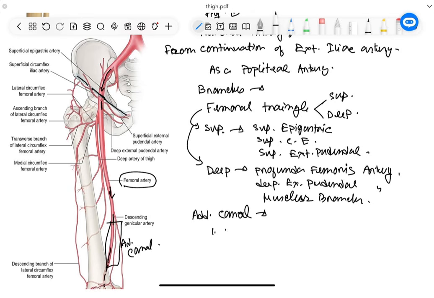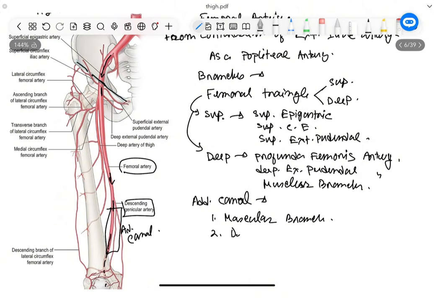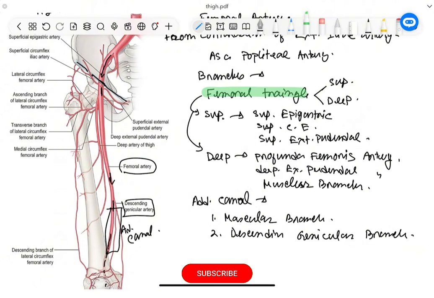So there are only two branches: one is the muscular branch, another one is the descending genicular branch. So on the femoral triangle what are the branches, and on the adductor canal what are the branches, the examiner can ask you. There is also some clinical information related to the femoral artery in the femoral triangle, which I described elaborately. Please check that video to get the clinical information related to the femoral artery in the femoral triangle.